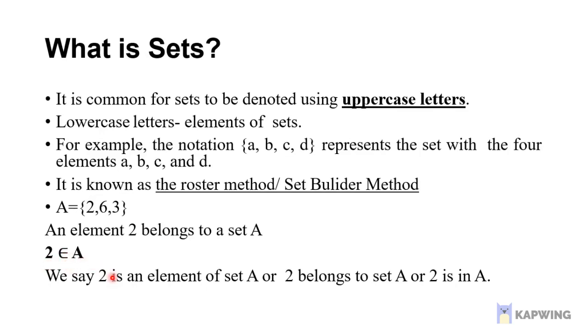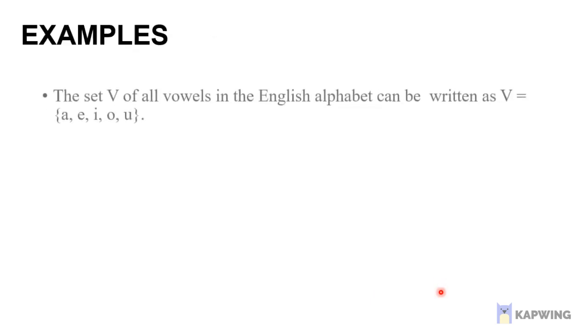We will say 2 is an element of set A, or 2 belongs to set A, or 2 is in A. We can say it in any of these formats.